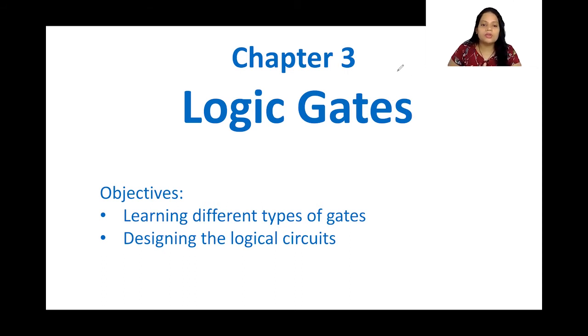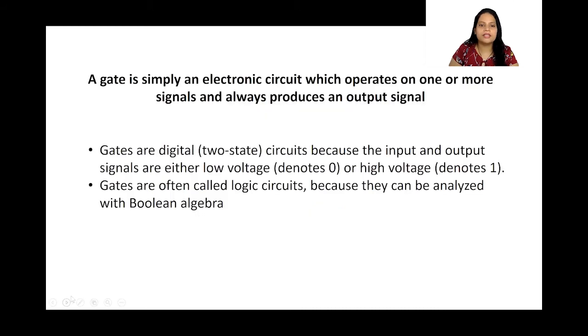So the objective of this particular chapter is to learn the different types of gates and also design the logical circuit. Whenever we say a logical diagram or a logic gate, what does that mean? A gate is simply an electronic circuit which operates on one or more signals and always produces an output signal.